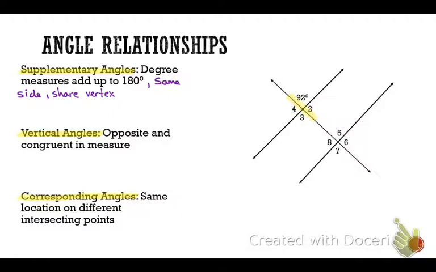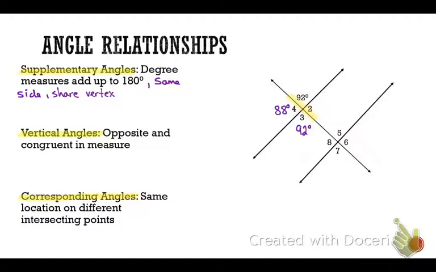Okay, so if I know that angle 3 is 92 degrees, I can subtract that from 180 to figure out the measurement of angle 4. Okay, so you see how they're on the same side of this line. They share the common side, okay, so they can add up to be 180.